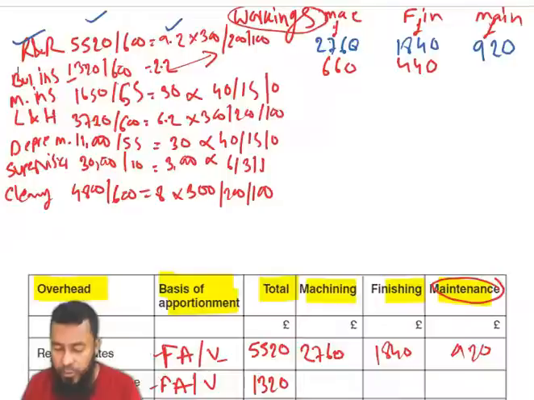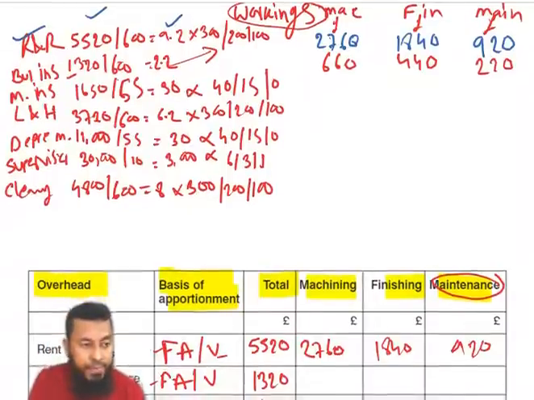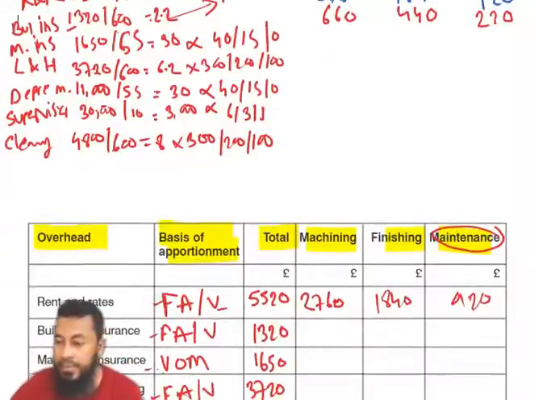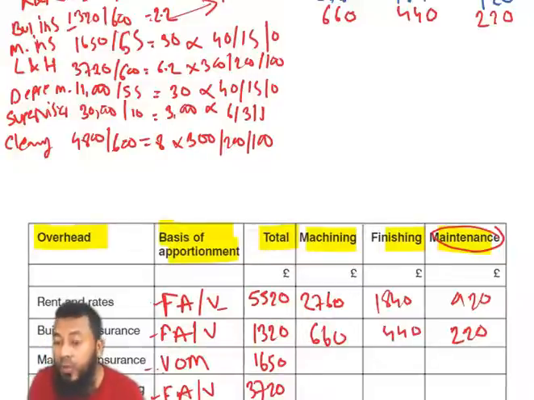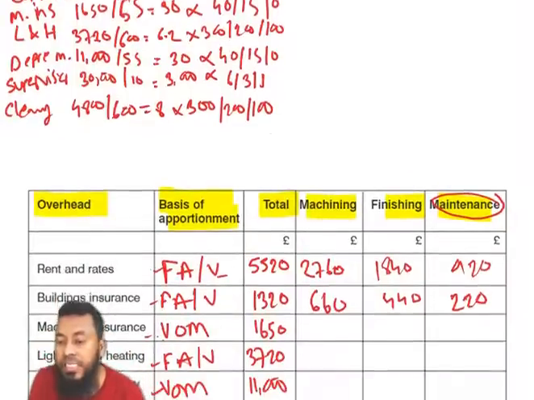And 2.2 times 100 is 220. So 660, I'm just copying from the top, 440 and 220. Job done.